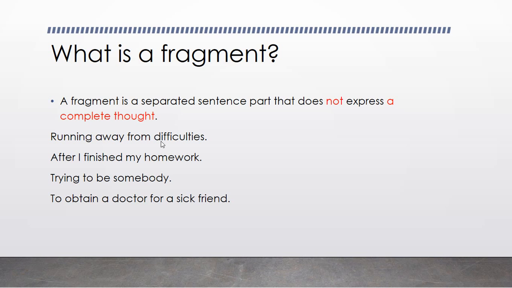So these examples that we have here are just fragments that have been taken from a sentence. So that's why it says that a fragment is a separated sentence part. It is a part of a sentence that has been placed alone.